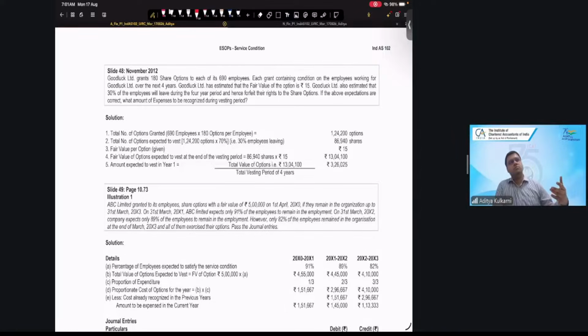So a party supplies goods or services to the company. The company makes the payment in the form of its own equity shares, in which case it is known as an equity settled transaction, or it makes payment in cash, but the value of the cash that it pays is determined basis the value of its own shares.